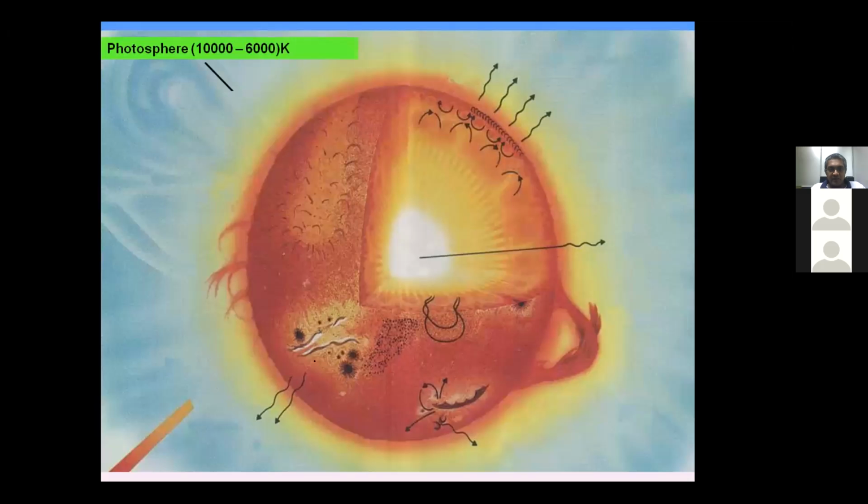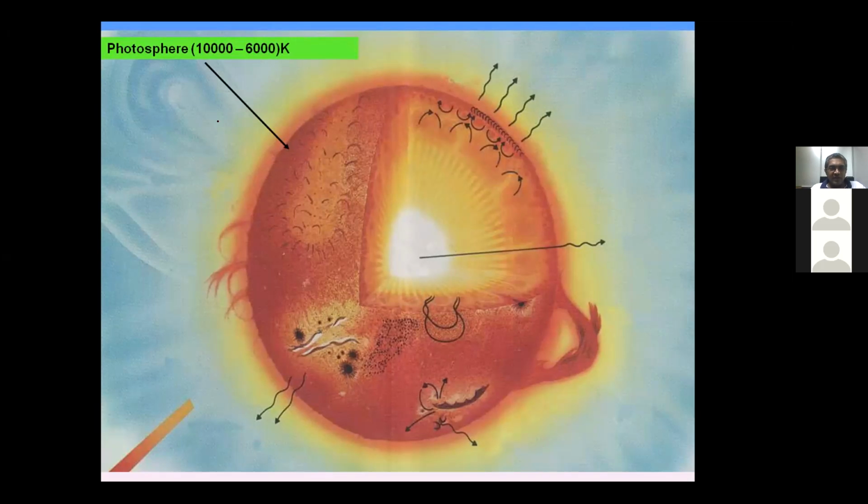Now, if you look at the cross section of the sun, this is the photosphere. The photosphere is the one you usually see when you look at the sun through a telescope, through a filter. Then you see a bright ball, a disk kind of thing. That is the photosphere.